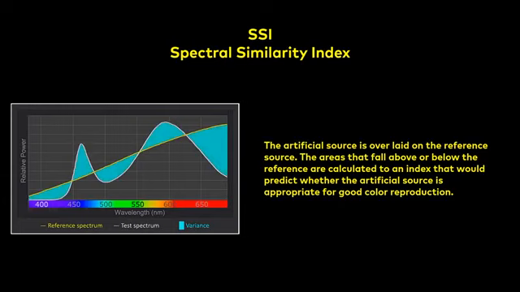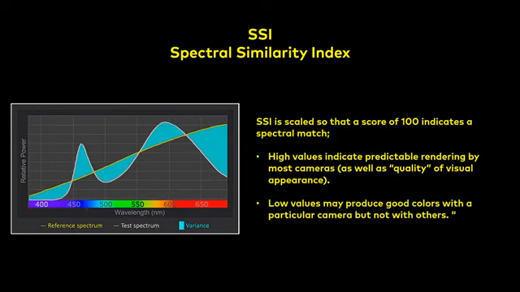So they apply a mathematical value to those offsets, and then they give you a score, a scale. 100 indicates a spectral match. And these are their words, not mine: high values indicate predictable rendering by most cameras as well as quality of visual appearance.